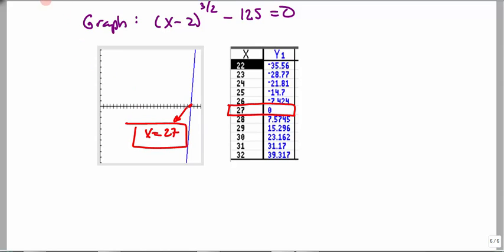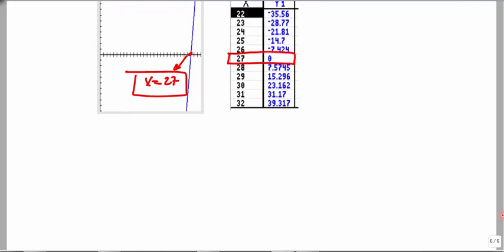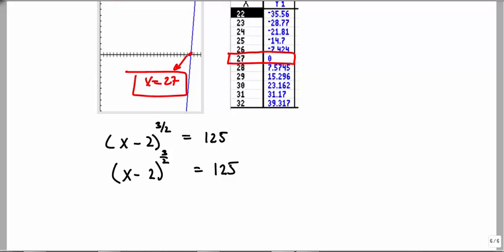But let's do this problem by hand and see if we can match that up. So problem by hand, x minus 2 to the 3 halves equals 125. So I want the 3 halves to cancel. So I'm going to multiply by the reciprocal of 3 halves, because 3 halves times its reciprocal would cancel and give us 1.